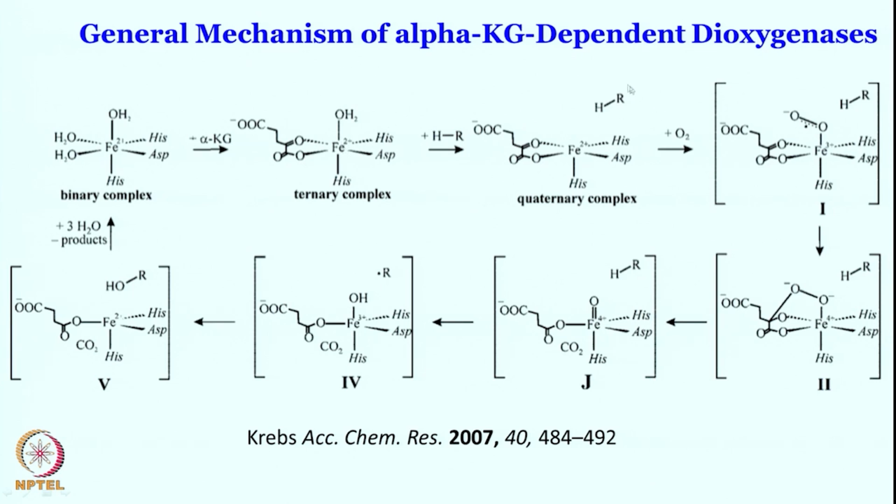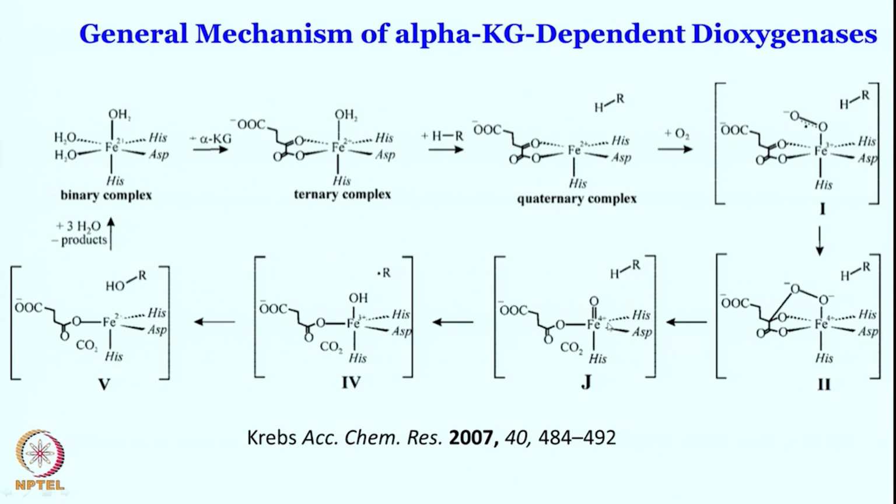Before that, the substrate will orient itself, get ready, get set, go, and then oxygen will get activated at the iron center. It first forms an iron 3 superoxo, which immediately attacks the keto moiety of the alpha ketoglutarate. The alpha keto center reacts, forming an alkyl peroxide like intermediate, which can then undergo oxygen bond cleavage to give rise to these iron 4 oxo species.